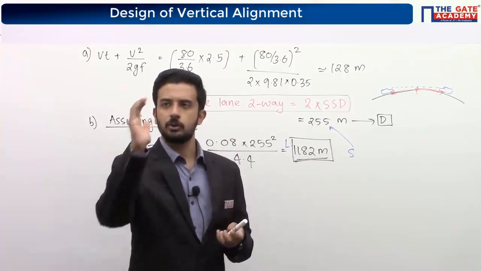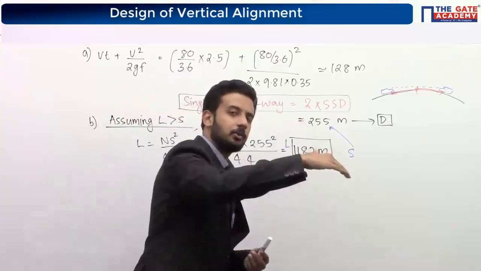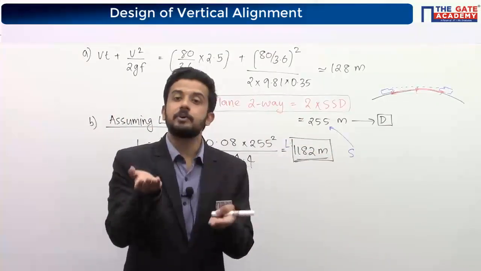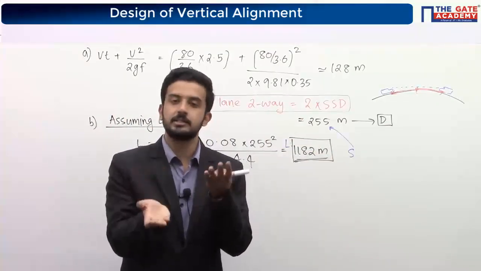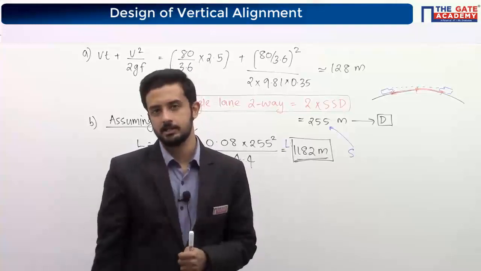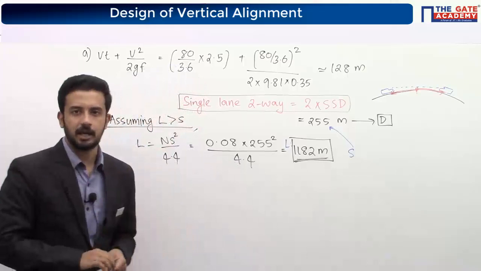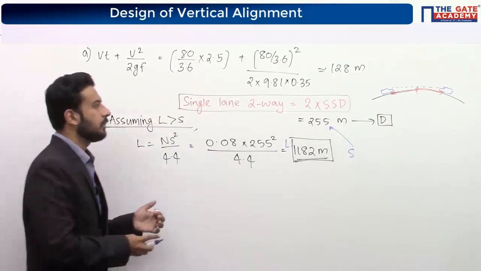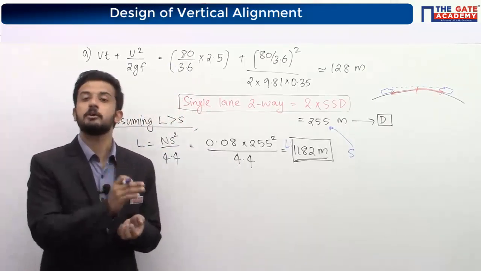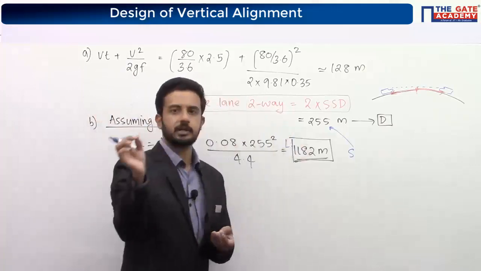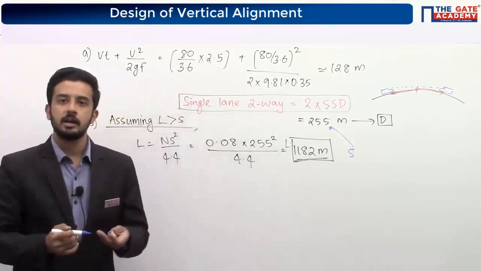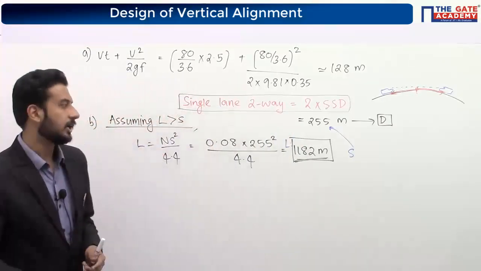Correct now? So an upward gradient is coming, a downward gradient is coming. So the change in stopping sight distance is almost getting balanced. It may not be exactly balanced, but almost balanced. So we are just neglecting the effect of gradient because both effects are there. Plus is there, minus is there. That's why we are taking it like that.